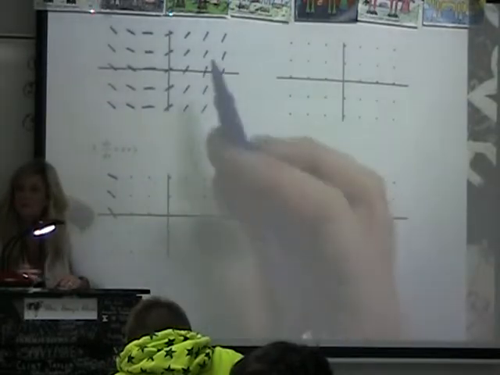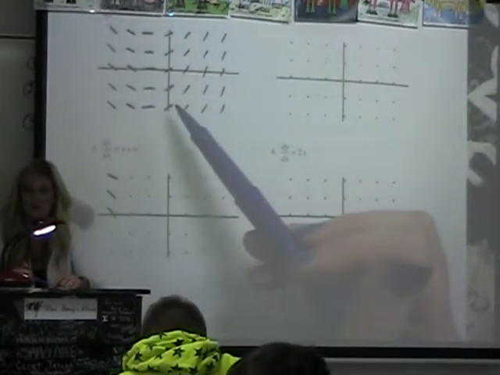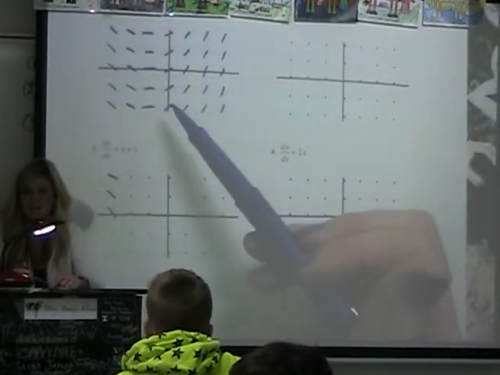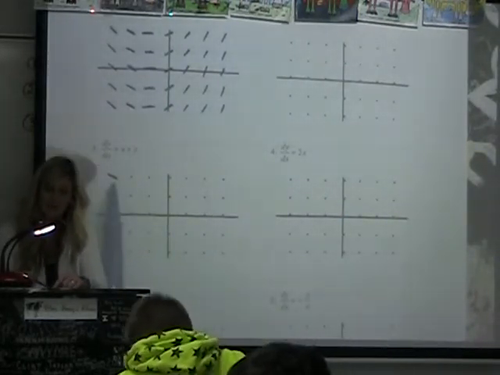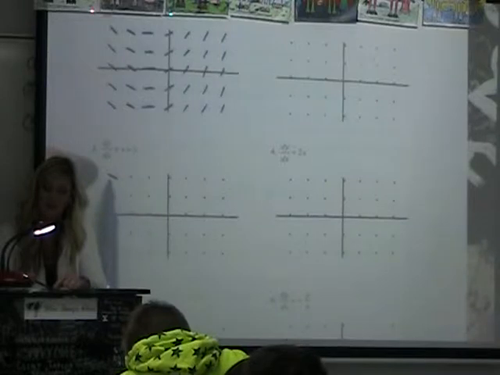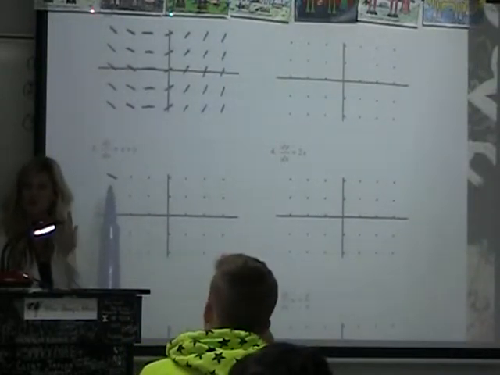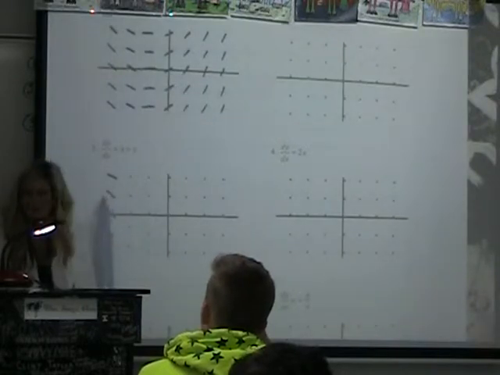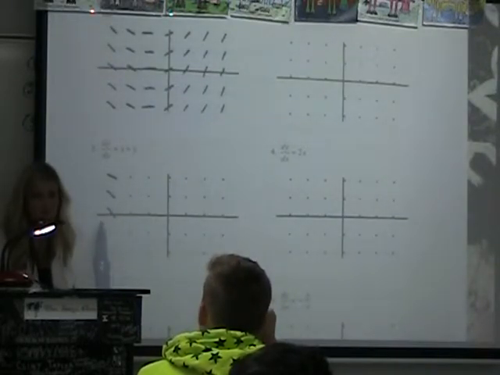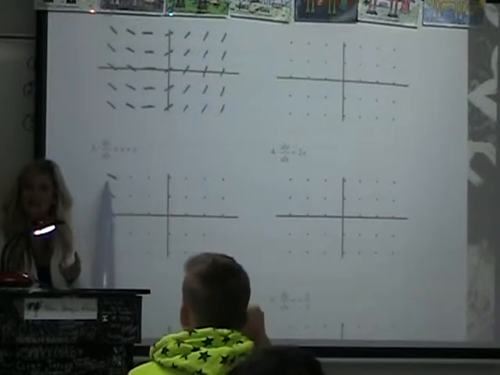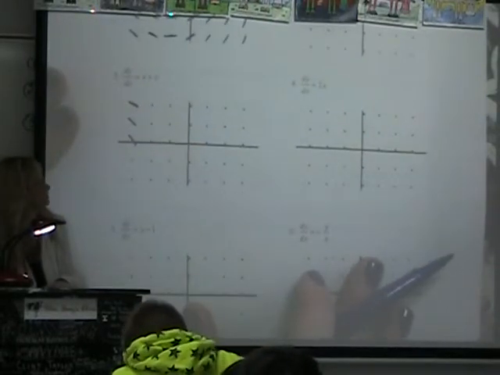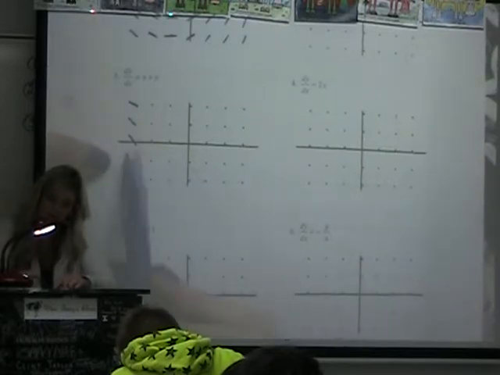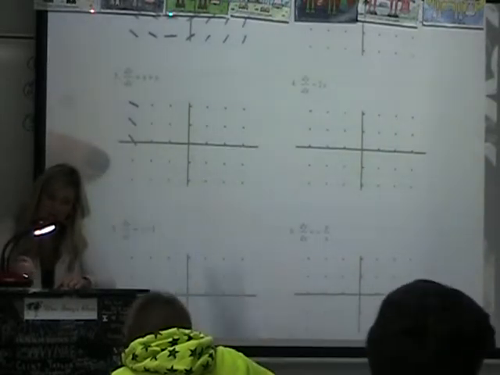Now, our little line segments aren't going to look exactly the same. That's understandable. But one way to help you is notice how I set my mark here at -1. If I use that first point as a reference, then I know to make this one a little bit steeper, that one a little bit steeper, and I can always go back to that first slope and judge it. All right, what about -3, -1?